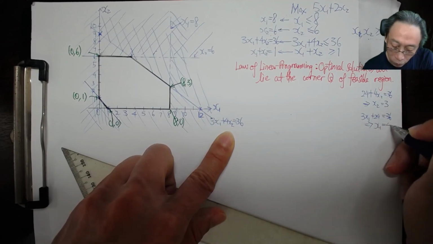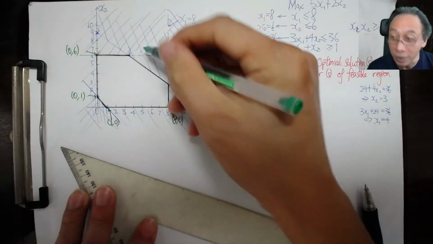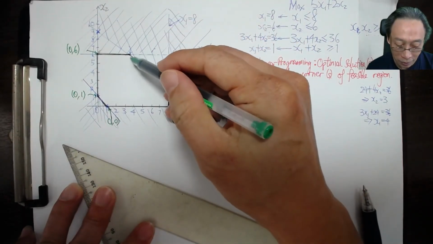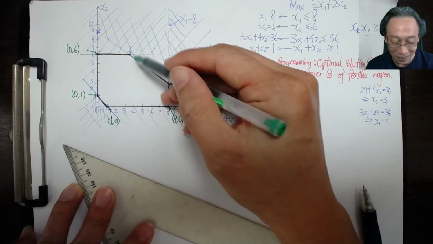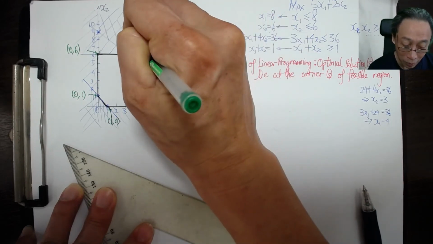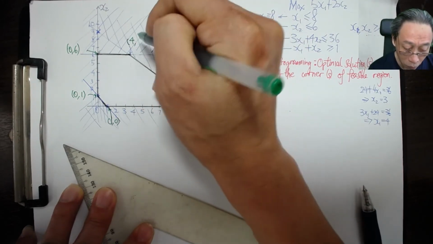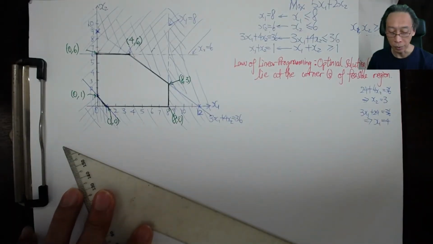So x1 equals 4. Which means that this point, which is already very obvious, is lying around x1 equals 4. And of course, the slight deviation is just due to my inaccurate drawing. So 4, 6 is the coordinate of this intersection point.